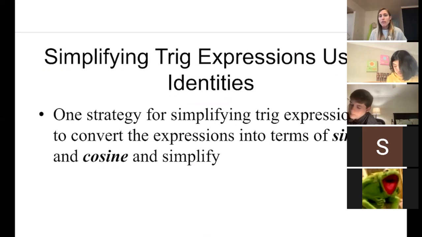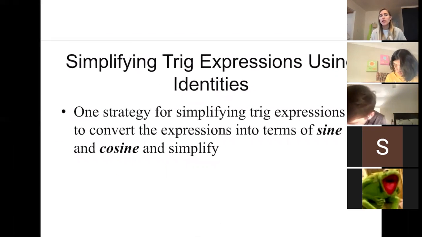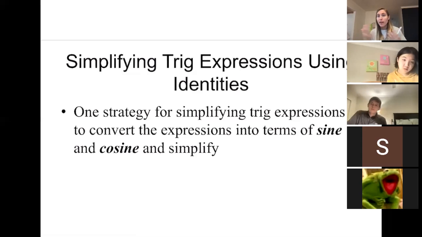One strategy for simplifying trig expressions, if no other fundamental identities are popping out to you, is to change everything to be in terms of sine and cosine, because all of the trig functions can be written in terms of sine and cosine. Tangent can be written as sine over cosine, cotangent as cosine over sine, and then you have your reciprocal identities.